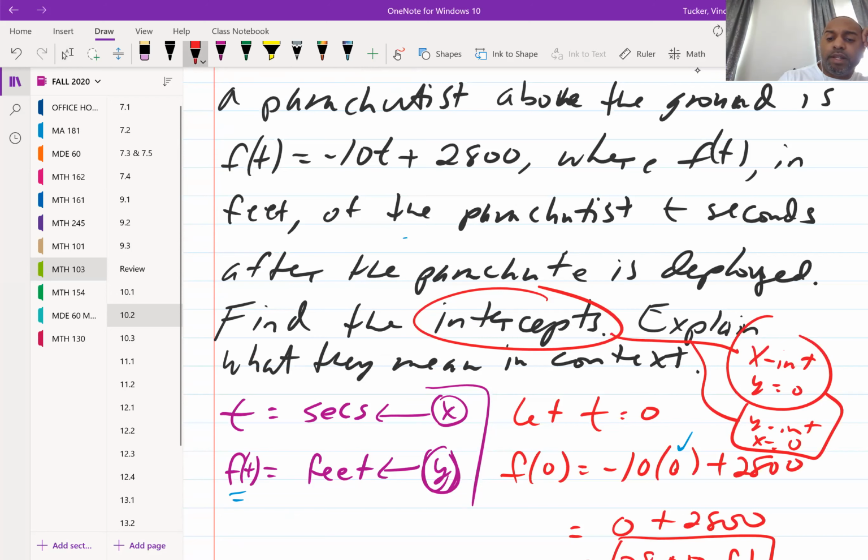So what do we mean by that? In this case, x represents the value that you're plugging in, so we're talking about t. And your y is the f of t. Now we talked about function notation last class. So t is seconds, which normally represents our x, and y is our feet.